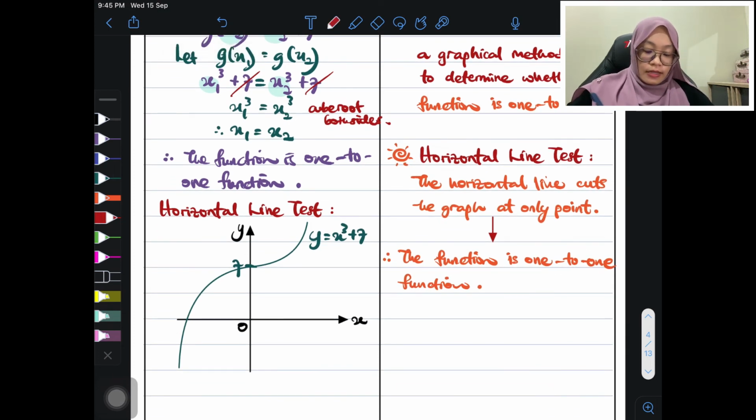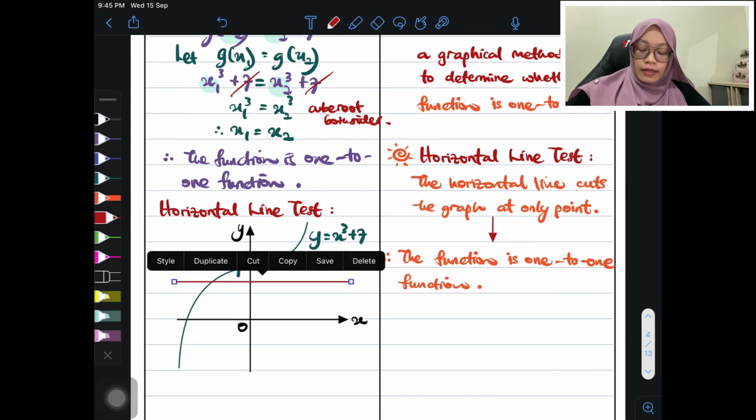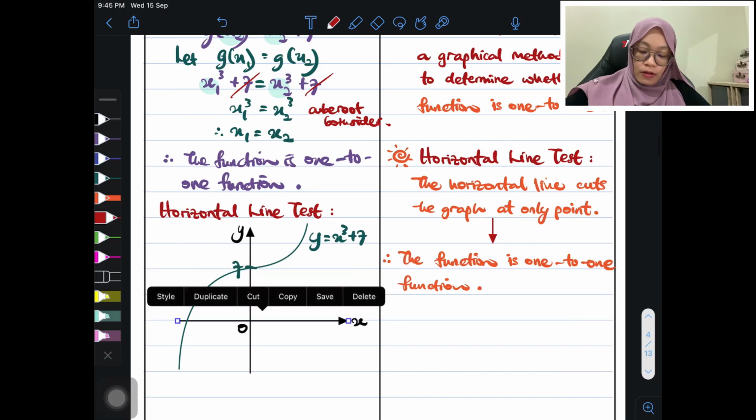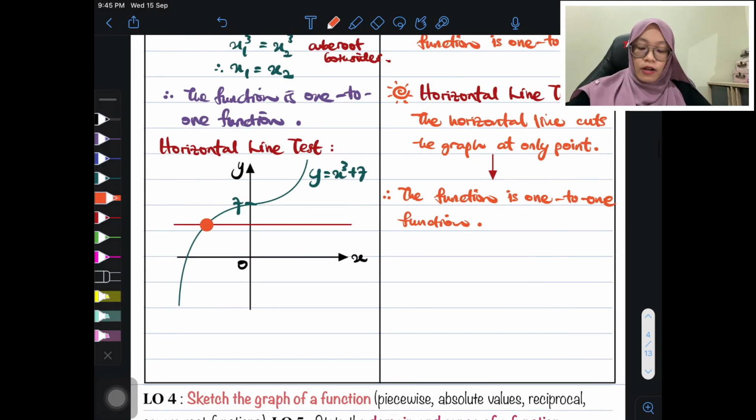The thing is, I must use the horizontal line test. To use the horizontal line test, I must put a straight line anywhere; you can put it here, or you can put it a bit higher. What matters is that there is a horizontal straight line. This is called the horizontal line test. And then you find how many intersection points there are. There is only 1 intersection point. Very happy.